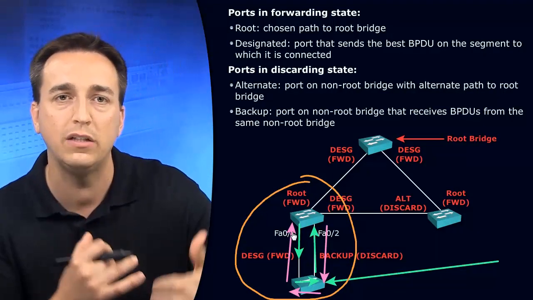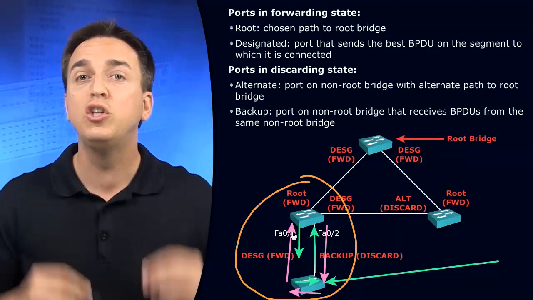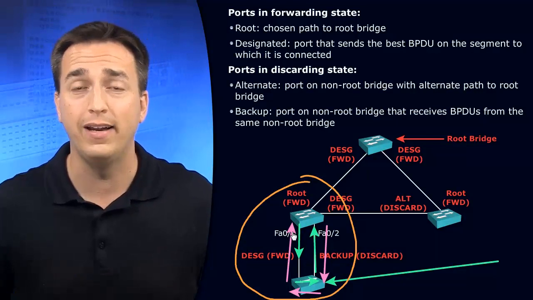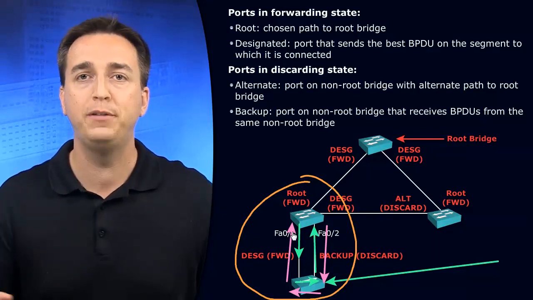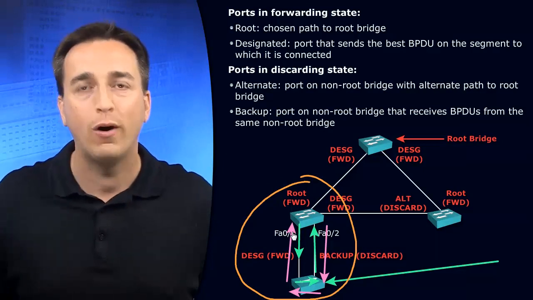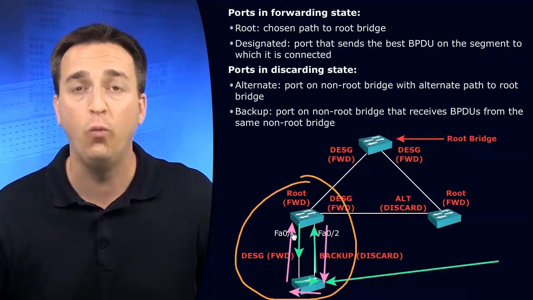The one that's sent on Fast Ethernet 0/1 comes in Fast Ethernet 0/2 because hubs do not understand BPDUs. In actuality, hubs don't understand anything. What do hubs do? Traffic comes in, traffic gets spit out all ports except the port it came in on. That's how they behave no matter what.